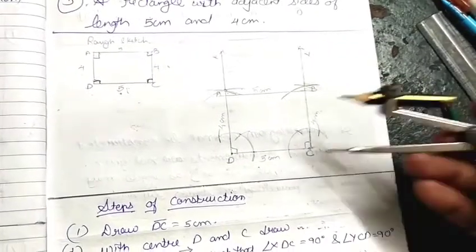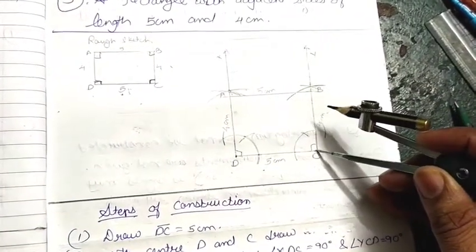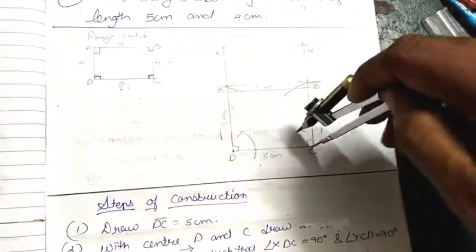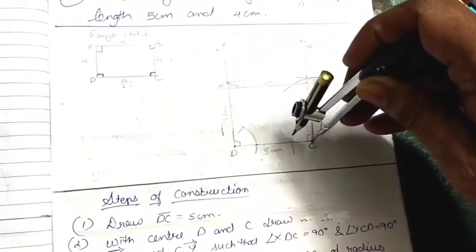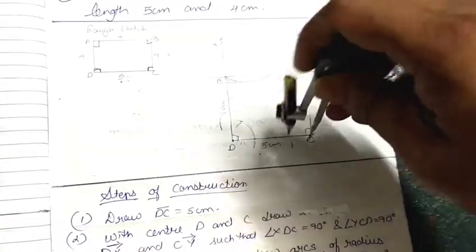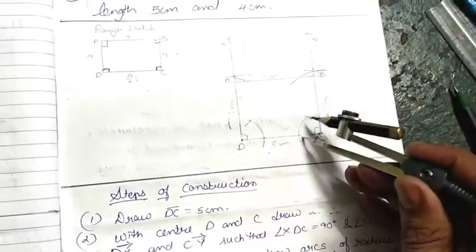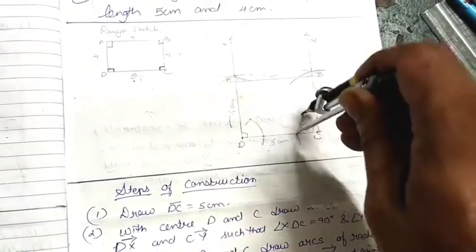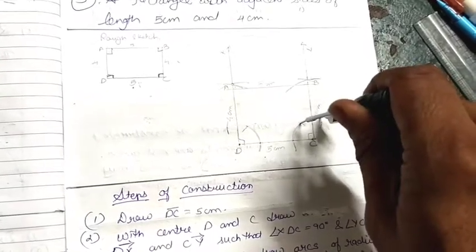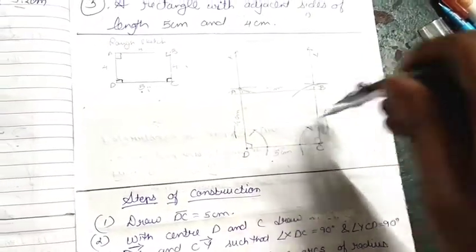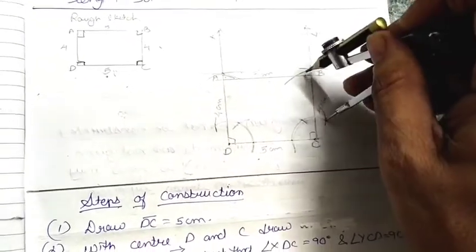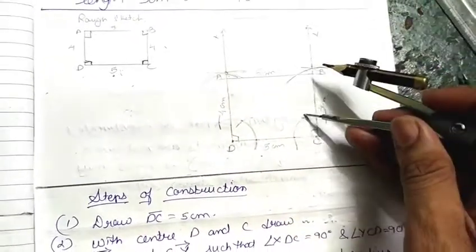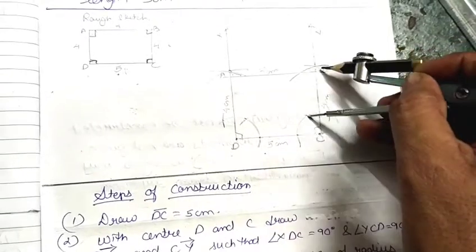Same way, with center C, try to draw this arc. At the first cut you will get 60 degree, at the second cut you will get 120.